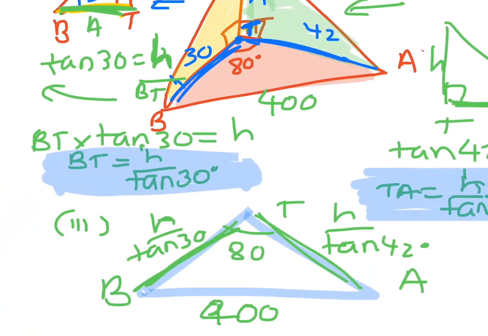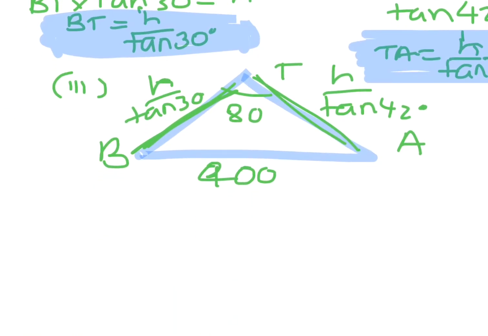Okay, so what are we going to do now? If you look at this, it looks a lot like the cosine rule because there is one angle. So we start off, and the cosine rule says c squared is a squared plus b squared minus 2ab cos c.